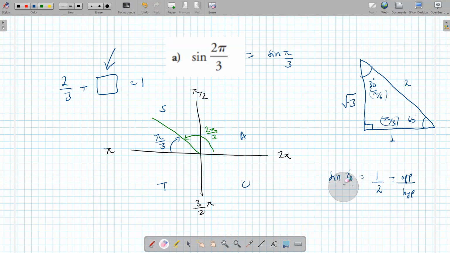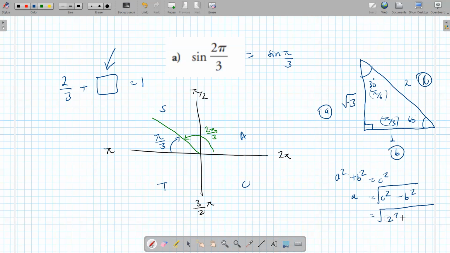Here, let me show you. So we're missing A. This is B. And this is C. A squared plus B squared equals C squared. We're missing A. So A will be the square root of C squared minus B squared. So it'll be 2 squared minus 1 squared. It'll be root 3. So what is sine of pi over 3?